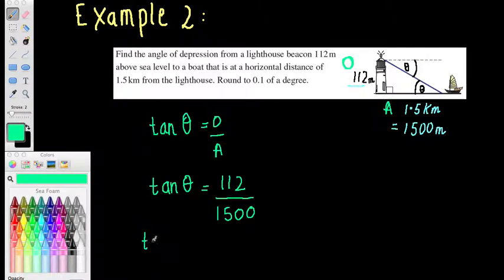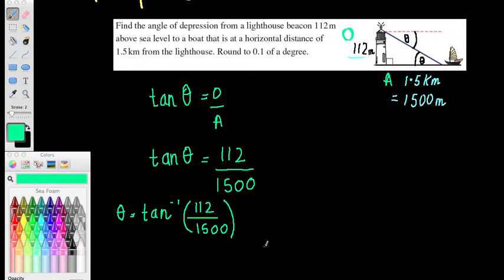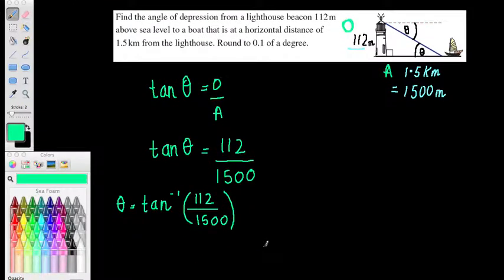Now remember, when we're finding an angle, we use our inverse function. That's how I would set that up. Finally, into your calculator, you would type the inverse of tan and then 112 over 1,500.